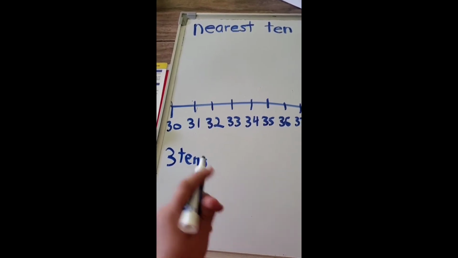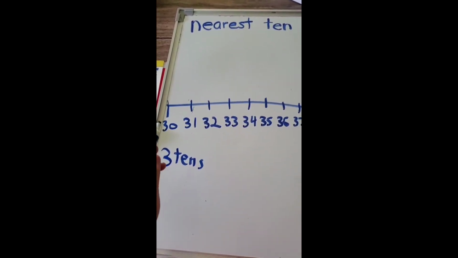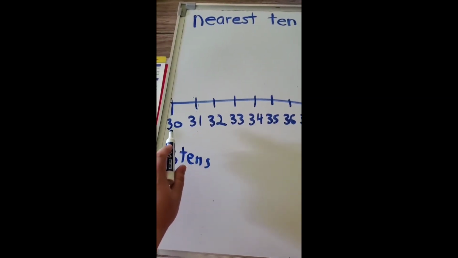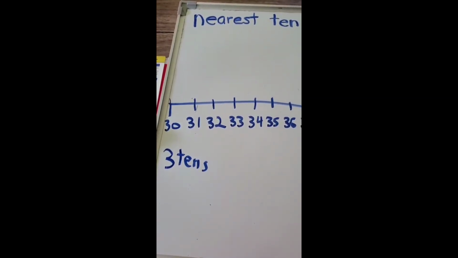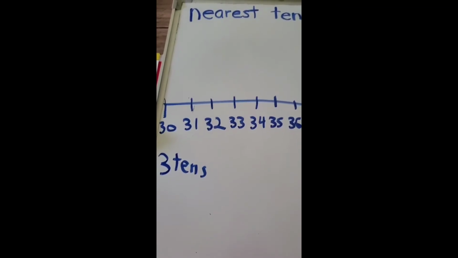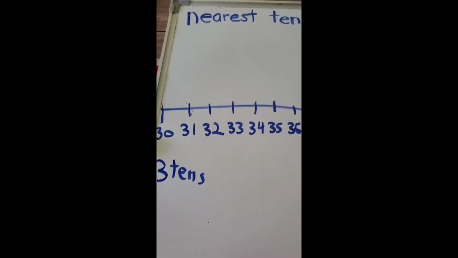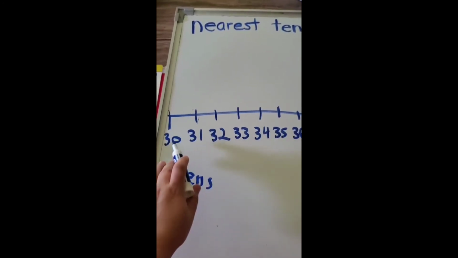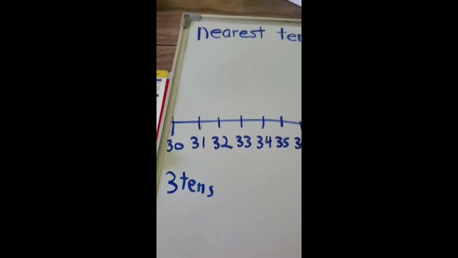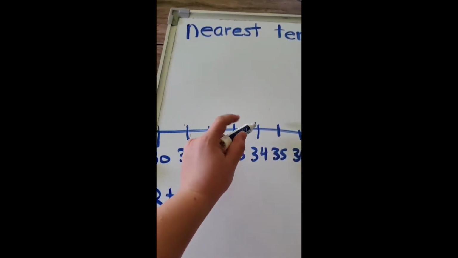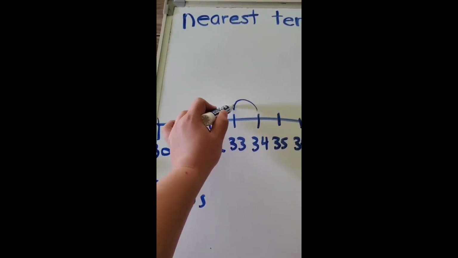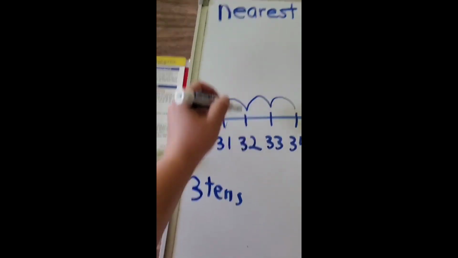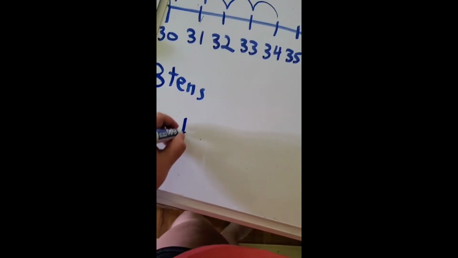You guys are right. 34 is actually closer to 30. How we know this is by counting the hops. Okay, so I'm going to hop backwards to 30 and let's count the hops. Okay, ready? 1, 2, 3, 4. 4 hops to 30.